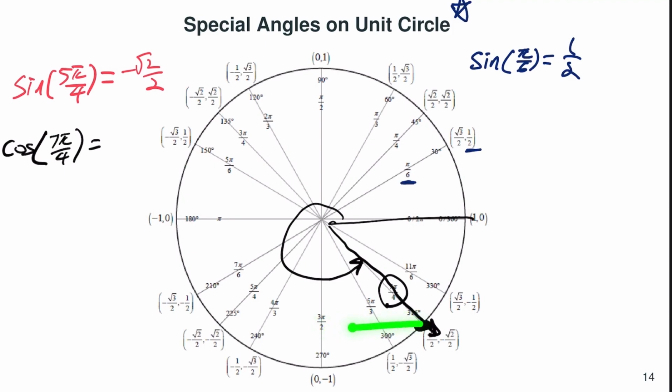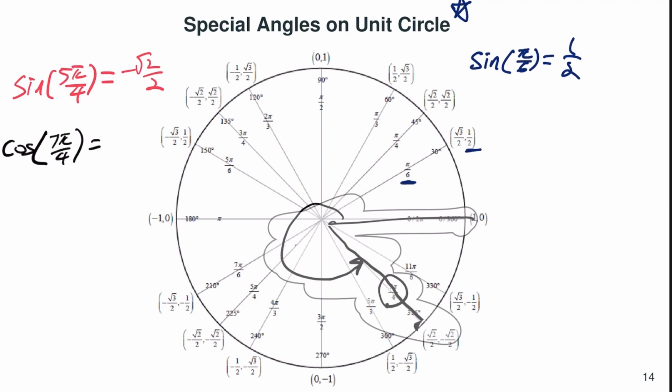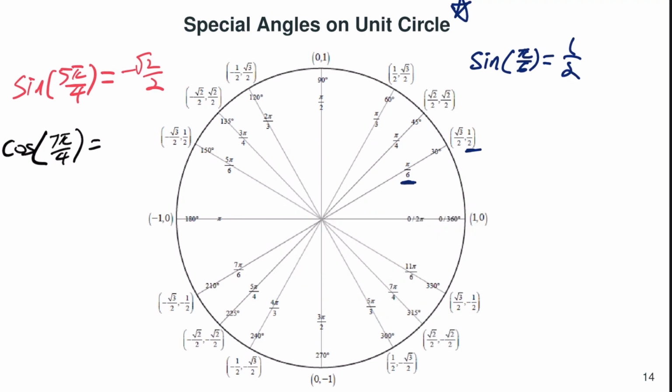So what is this distance, which is the same as this distance? Looking at the x coordinate, that distance right here is square root of 2 over 2. Okay, so that is square root of 2 over 2.